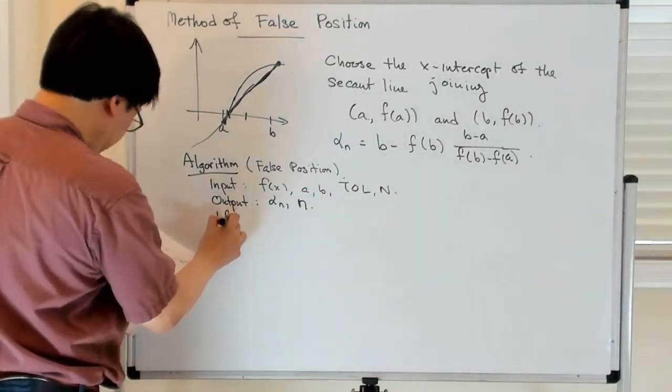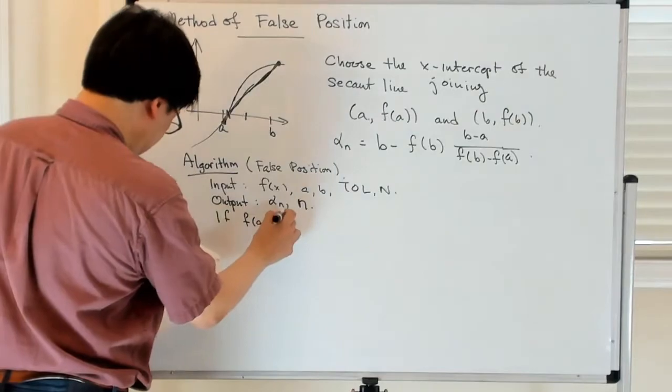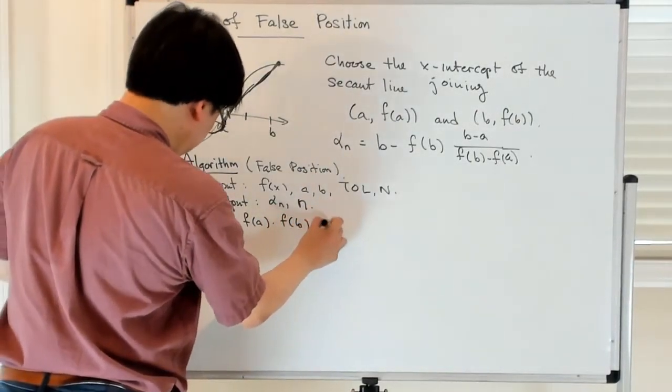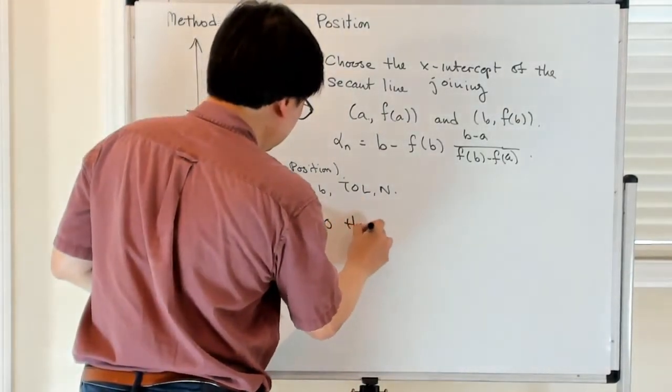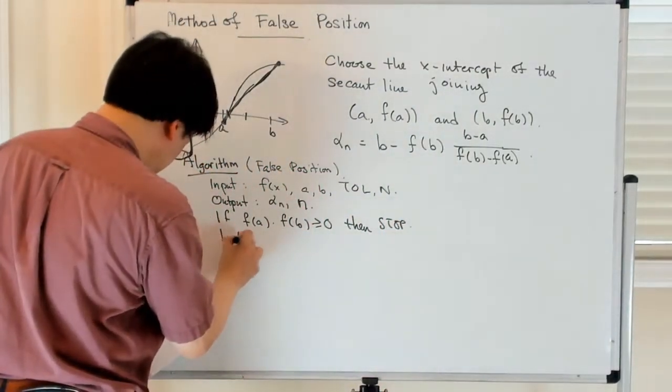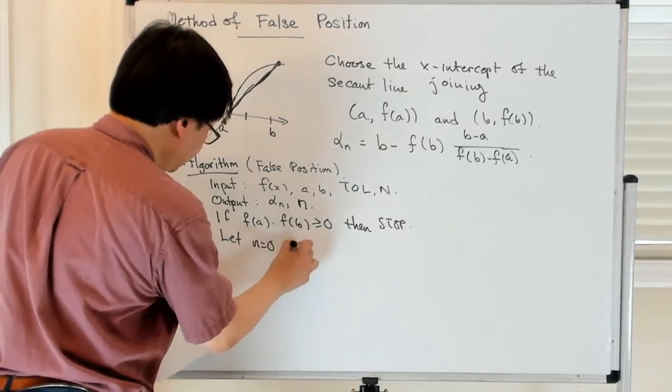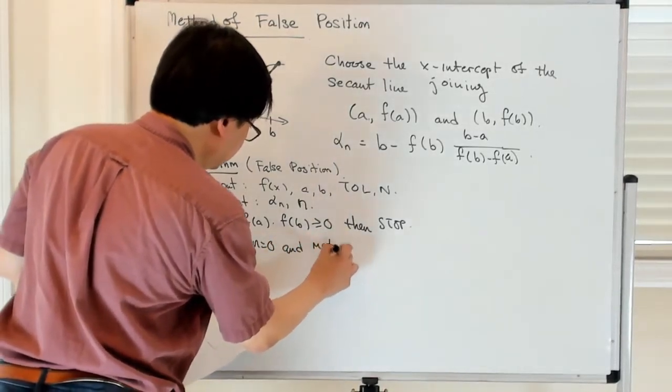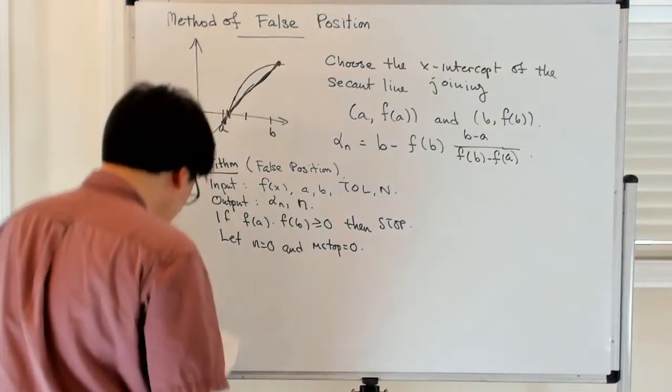And then you still have to check that if f(a) times f(b) is greater than or equal to 0, then you stop. Then you let n equal 0 and mstop equal 0. So all that's really the same.